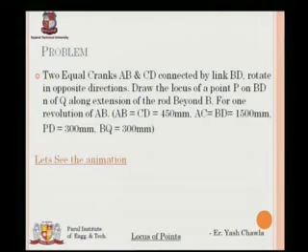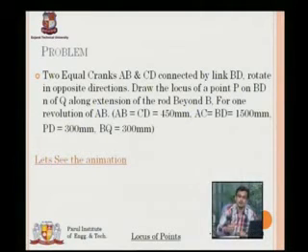Ahmedabad to Vadodara is my connecting rod, and beyond that is Surat, that is my point Q. So we have to plot the locus of that point along with the point Nadiad, which is between Ahmedabad and Vadodara on the connecting rod, for one revolution of AB.